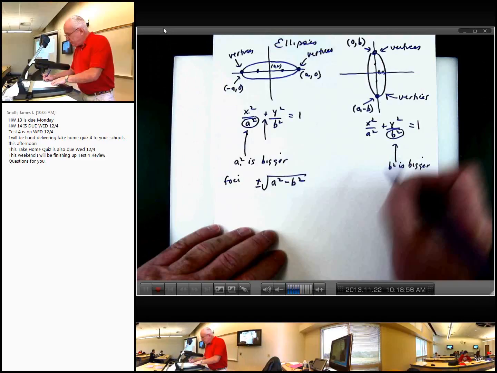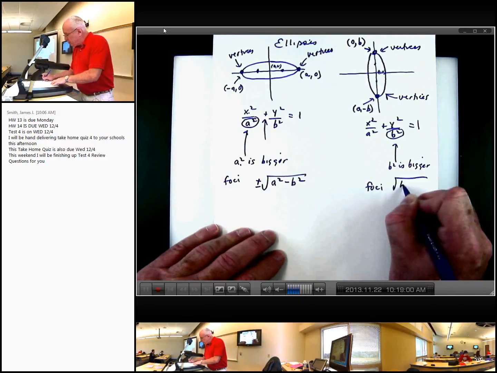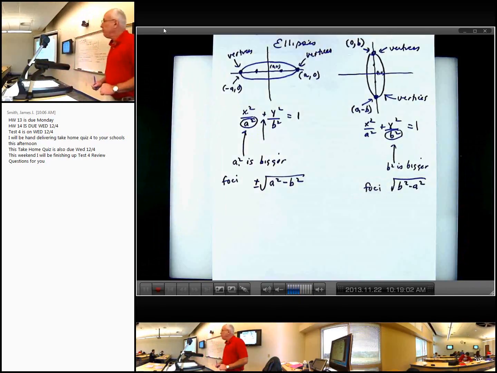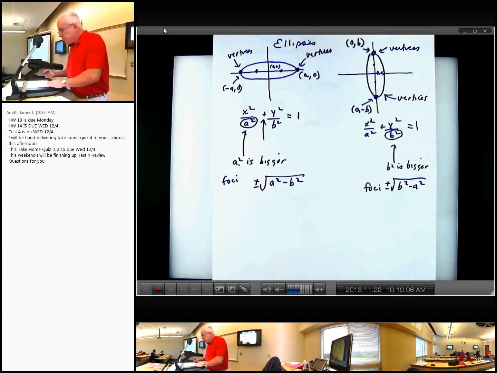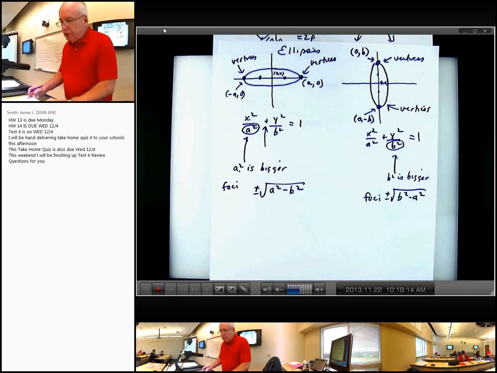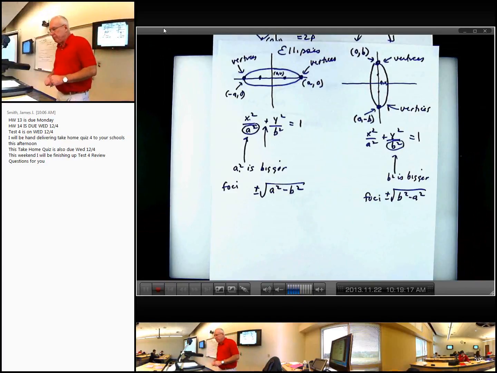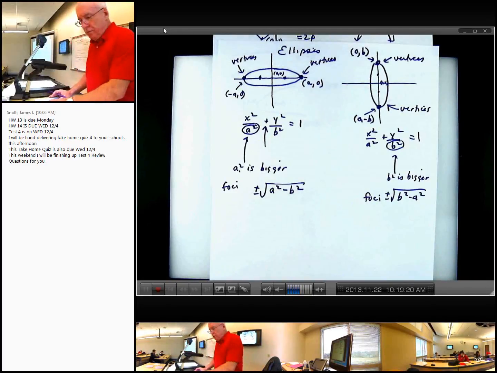Here the b is bigger, so the foci is going to be the square root of the bigger number minus the smaller number, and again plus or minus there, okay? We did a couple of examples with the ellipse last time. This is just a quick review.